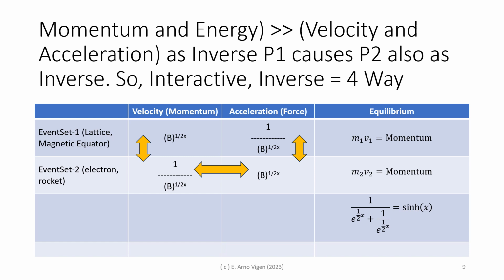Or we have two time slots. And so basically it's some inverse to inverse, inverse to inverse. And so every time you see an e to the x equation, we're going to convert it to an e to the 1/2 x plus e to the minus 1/2 x, which of course is also the inverse.